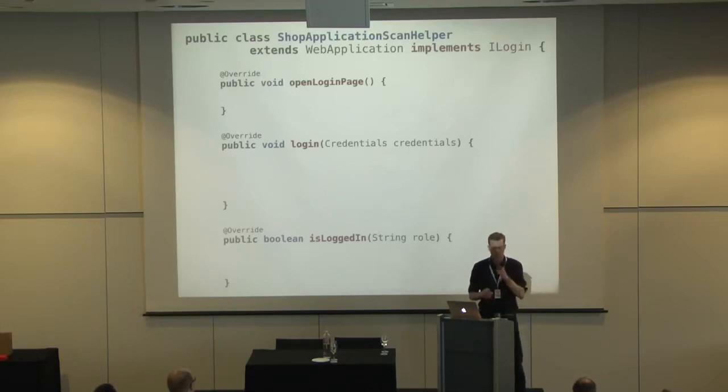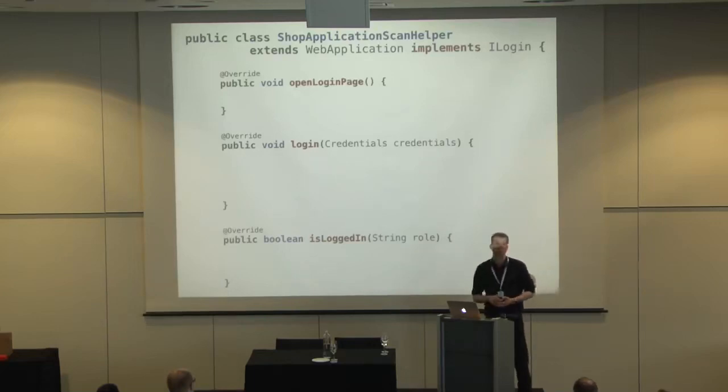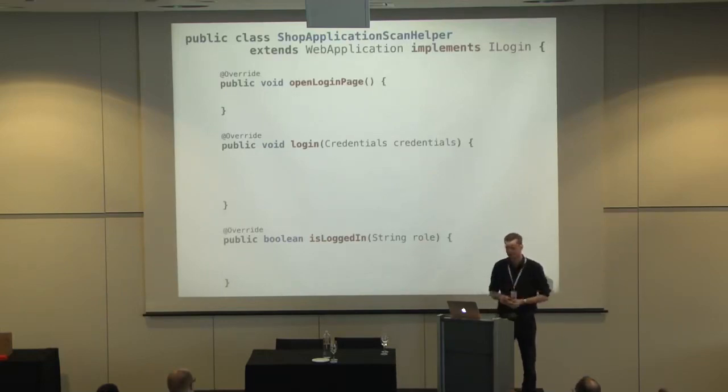So this can be done by simply the open login page method navigating with Selenium during that kind of test case to the login page. And the login method itself simply submits credentials that are coming from a table that's referenced from a BDD file, so that you are having a separation of the test user accounts.